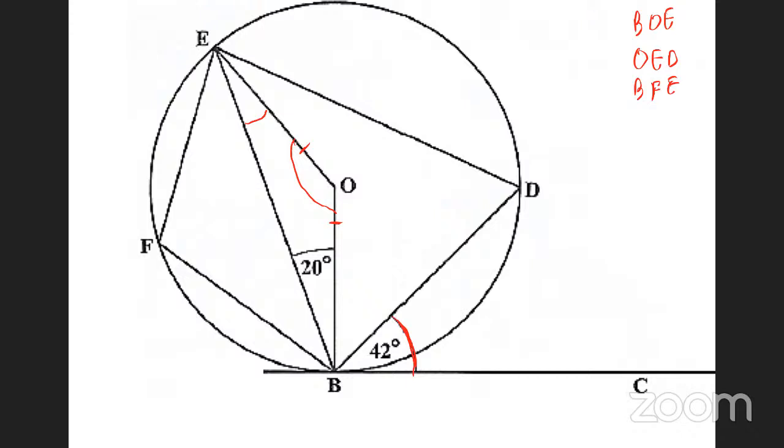It's the tangent meeting this big triangle. So you should be able to figure out where the alternate angle is. And then you should see a radius meeting a tangent.